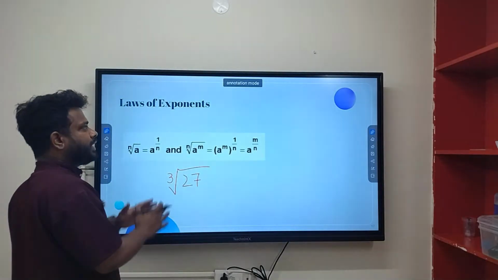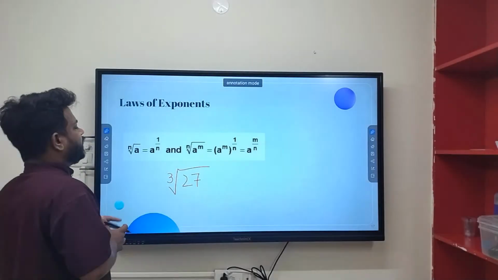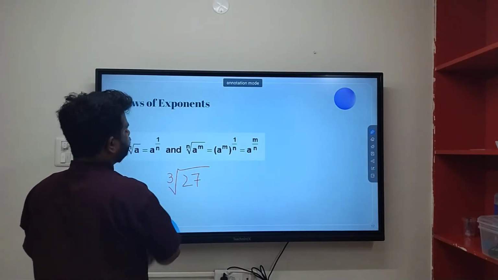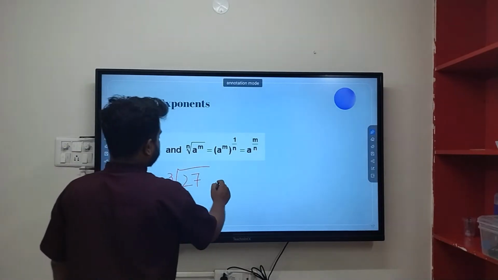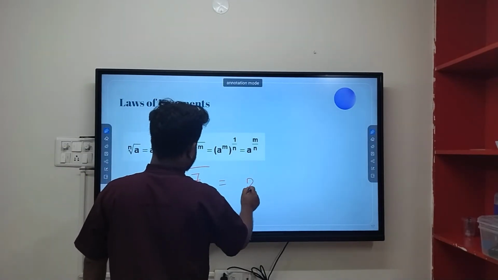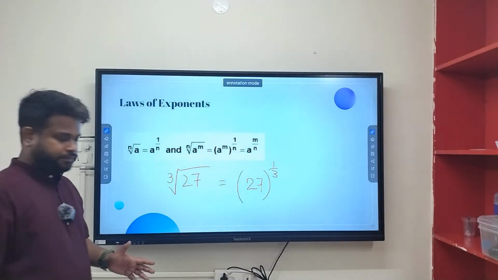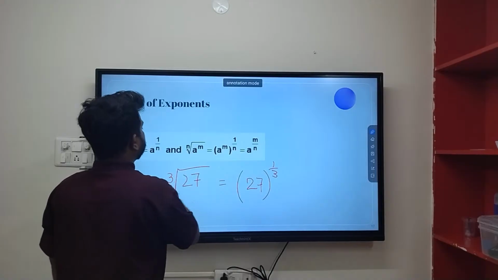We know that 3 cubed means 27, so the cube root of 27 will be 3. So this can also be written like this. Got it?